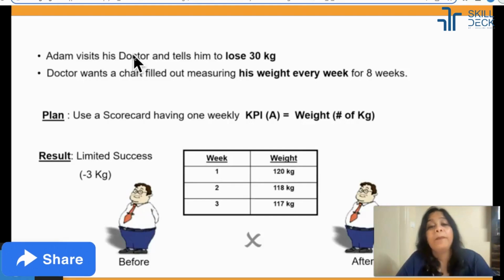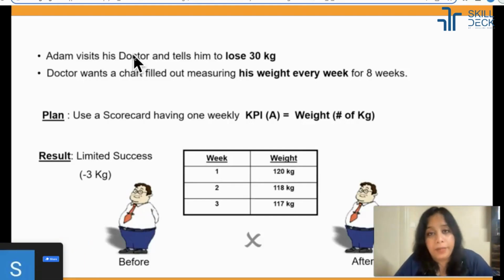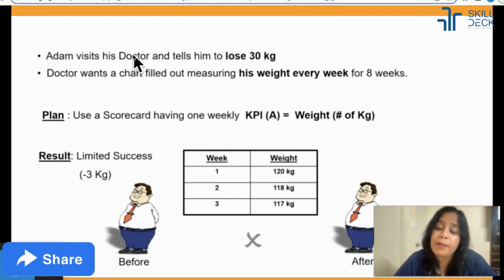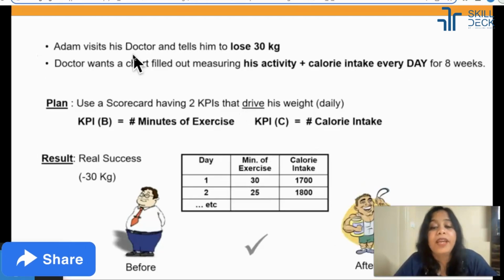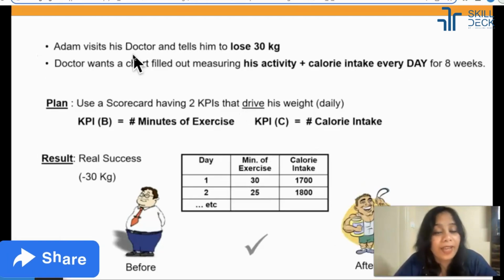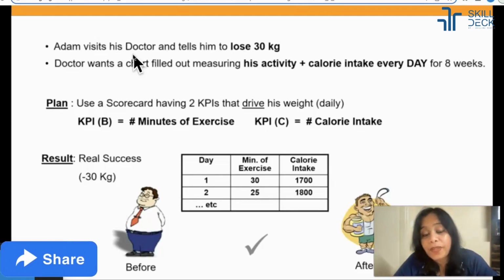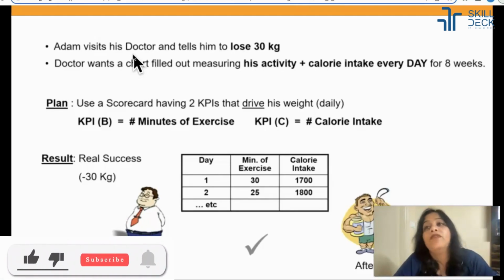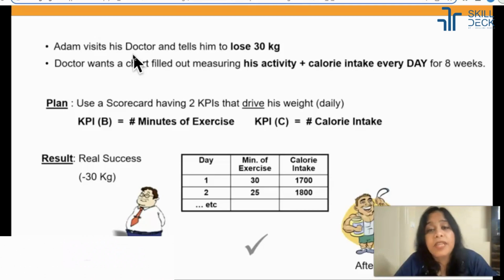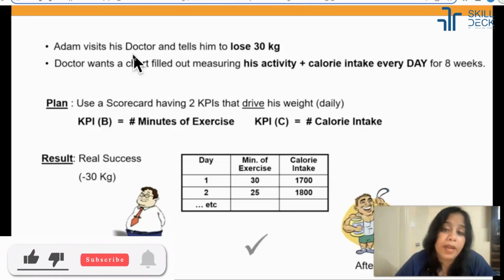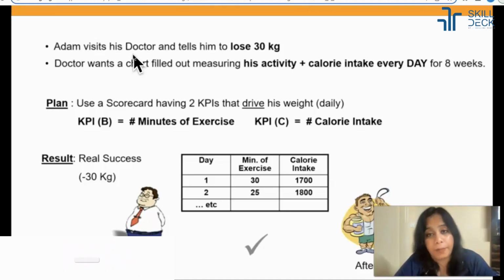No, because the factor leading to the weight is missing. Correct? So rather than just measuring the weight, if measuring of calorie intake, the lead KPI, had happened, then the objective would have been reached. So in simpler terms, for the processes and people segments, we put more lead KPIs. When it's customer and finance, we have more lag KPIs.